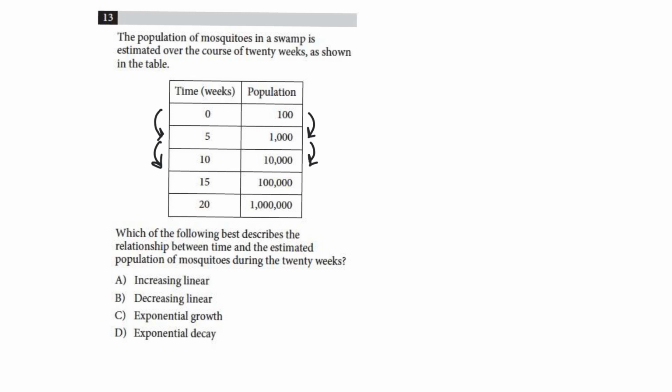And it does not look like that's the case. The first 5 weeks we increase by 900. On the second 5 weeks we increase by 1,000. So it's not increasing linearly, and it's not decreasing, so it can't be decreasing linearly. And if we jump down to the last one here, it's not decaying, right? It's growing. The population is increasing, so it can't be decay. It's going to be exponential growth.